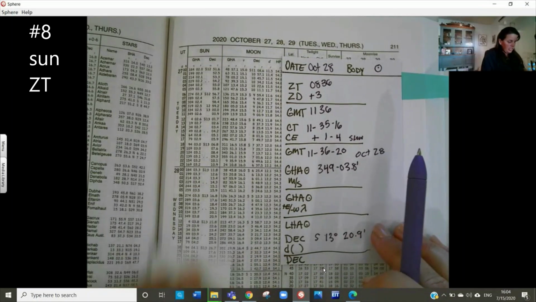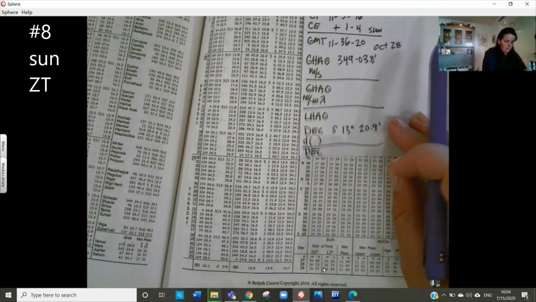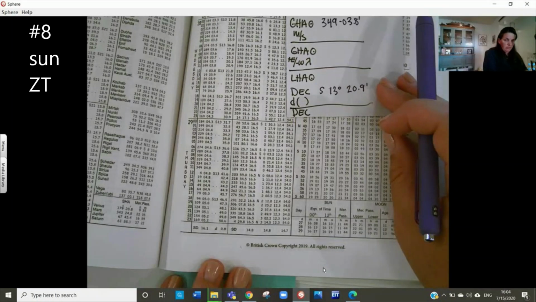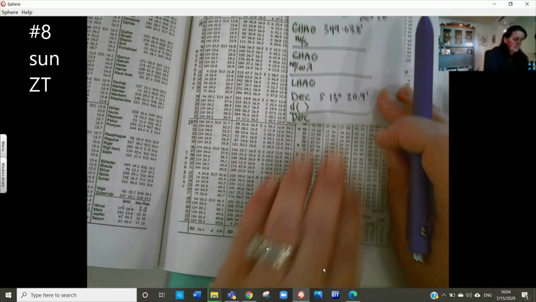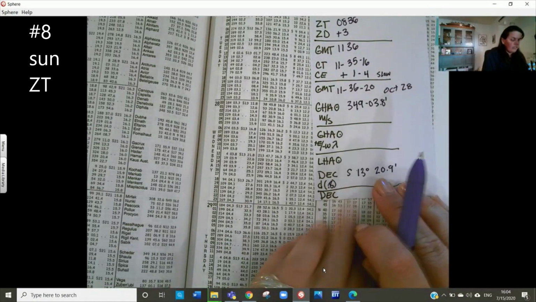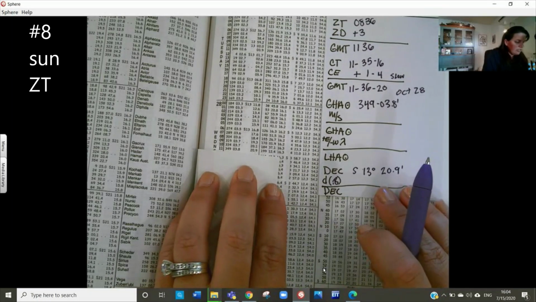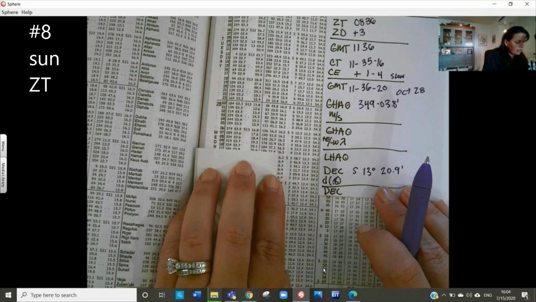Now our little d at the bottom, we have 0.8. Forgot to check here if we are adding or subtracting. So from 11 to 12, we are going to be adding.